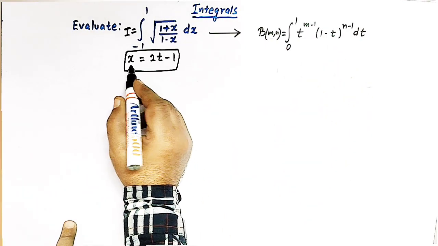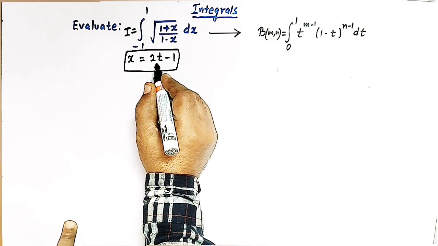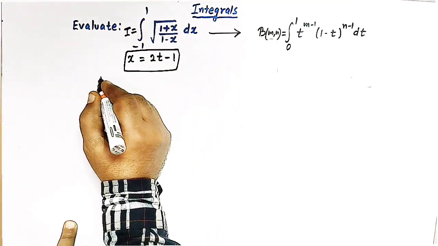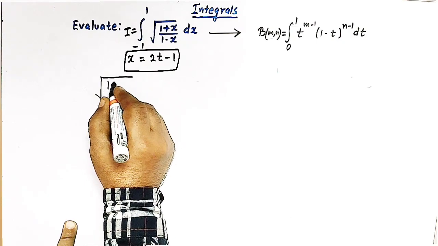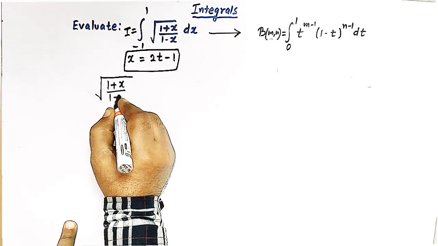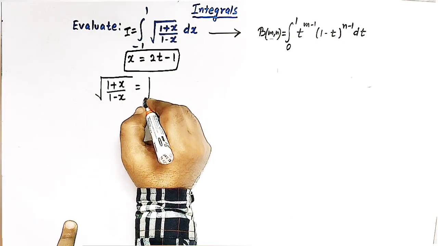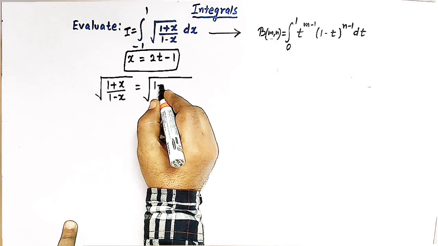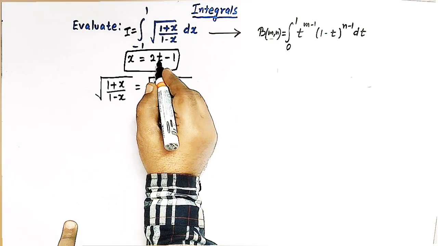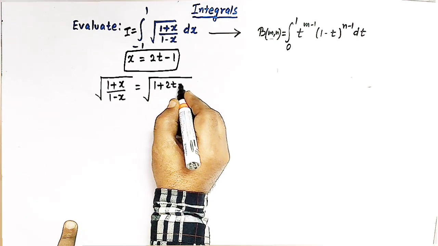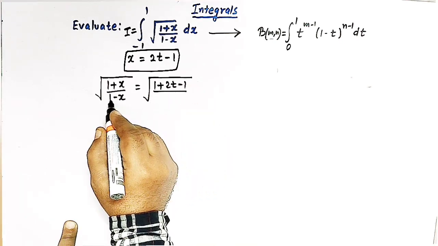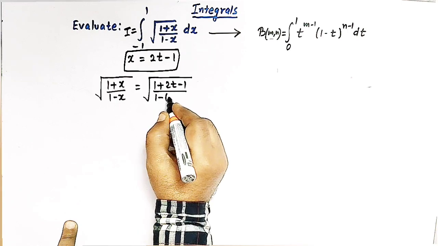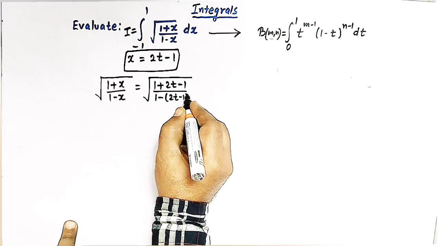So now when we take x is equal to 2t minus 1, then this integrand, that is square root of 1 plus x over 1 minus x, it reduces in terms of t like this, that is 1 plus x. For x we can write 2t minus 1, and here we have 1 minus x, so we can now write 1 minus (2t minus 1).